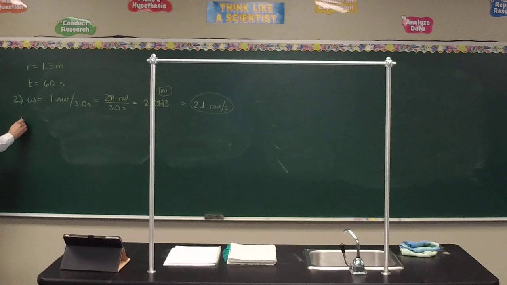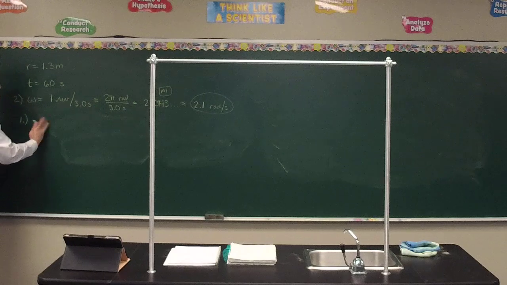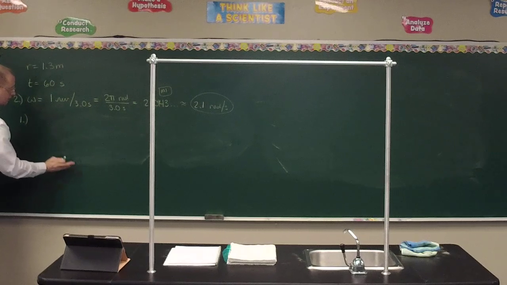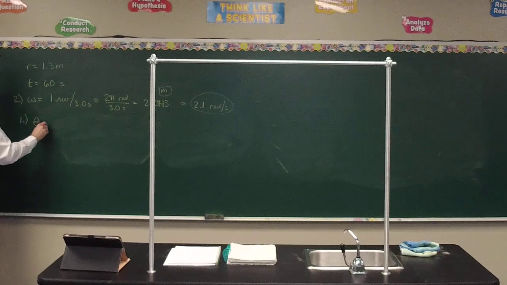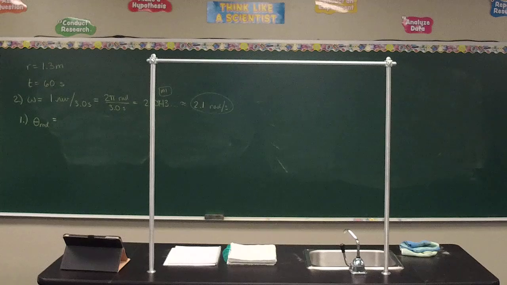There are 2 different ways to get part 1, because we kind of skipped over part 1 since we were already getting part 2. How do you define it as angular? Well, first of all, how do I represent angular displacement, class? There are two ways I could find the theta rad in this problem.